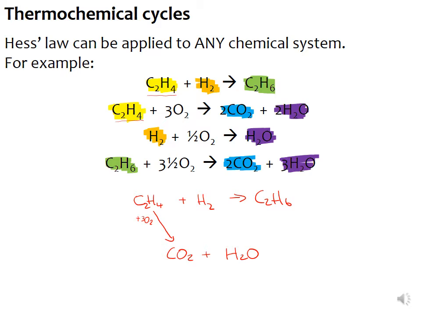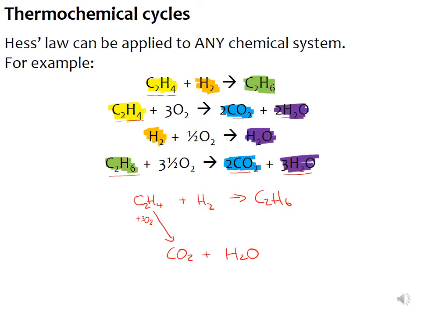And if I look here, I've got the products CO2 and H2O. Do they appear anywhere else? Well, we actually do have CO2 and H2O being the products of our last reaction, which, if we look, is the reaction of C2H6 with oxygen. Do we have C2H6? We've already written that down. We've got C2H6 just here.